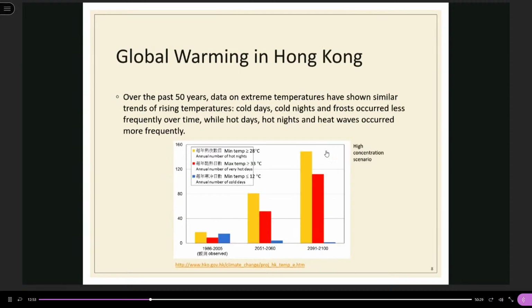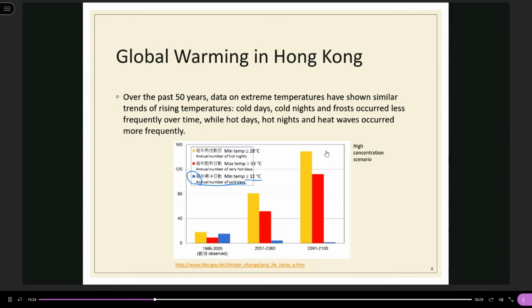How about in Hong Kong? Over the past 50 years, data on extreme temperatures have shown similar trends of rising temperatures. Cold days and cold nights and frost occurred less frequently over time. In blue color is the annual number of cold days, where cold days means the minimum temperature is below 12 degrees.